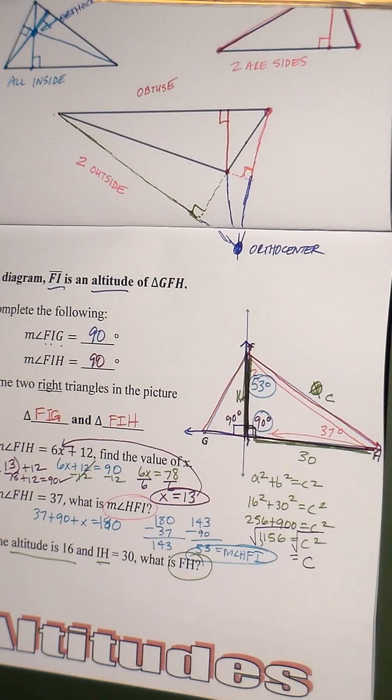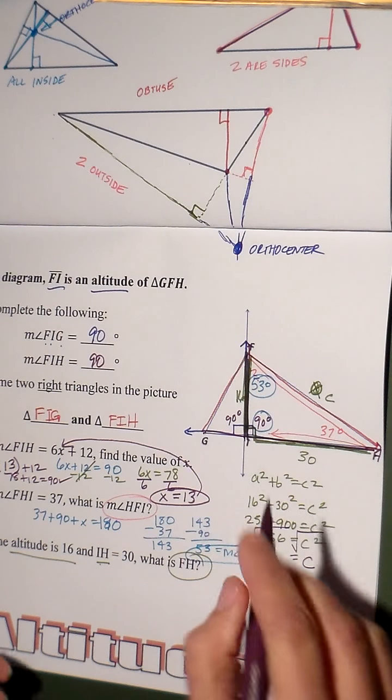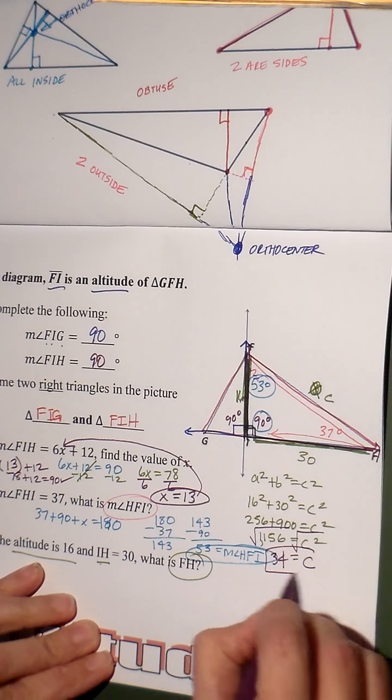So I'm sitting there thinking, 16 squared is 256, 30 squared is 900, so you've got 1156, and you take the square root of that. I believe you have 17. Again, I don't have my calculator up here, so let me do that. Let's see here, 1156 square root, so 17 doubled is 34. So the answer is 34.